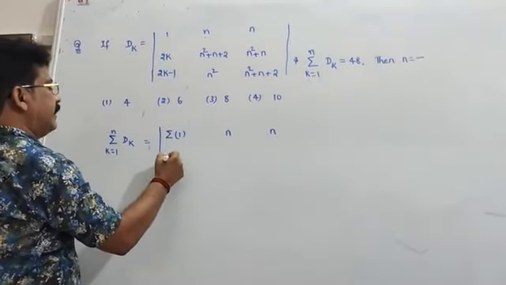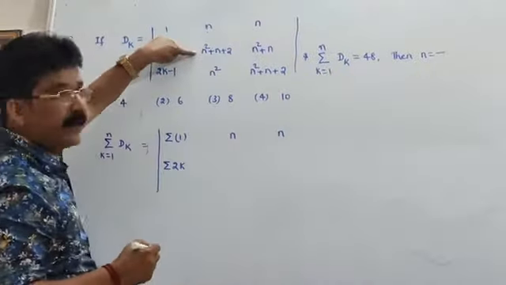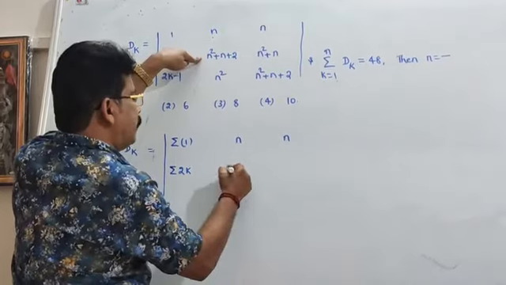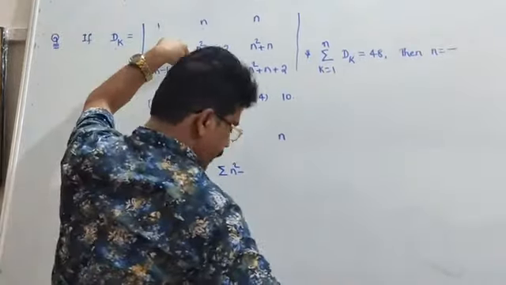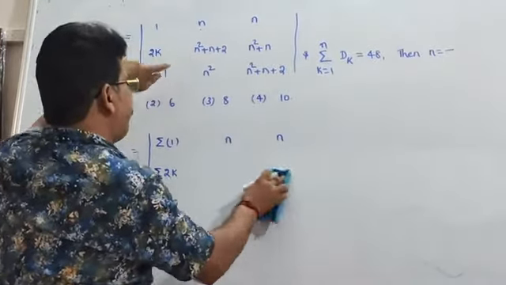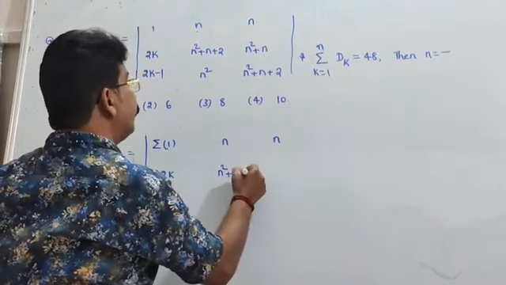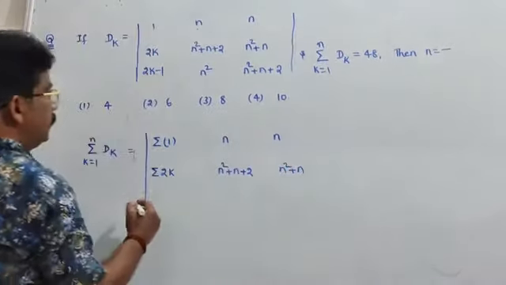So 2k means sigma 2k. There is no k, that's why it is constant. Sigma doesn't influence n square plus n plus 2. Next n square plus n.